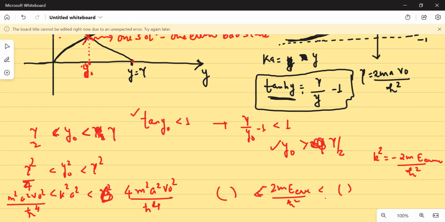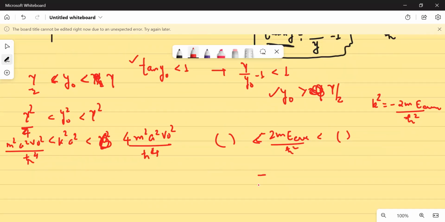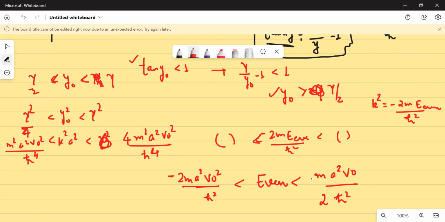And if I want to extract what will be my even energy and what will be the bounds of even energy, I can find that. So this h cut square will become h cut square, and then I have to divide by minus 2m. So if I divide by minus 2m, this particular thing will come here. So this will be minus 2m a square v naught square, and here it will become m a square v naught square, negative.